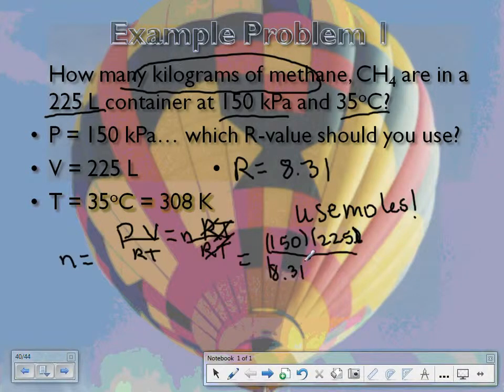In your calculator, you're going to divide again, or use parentheses around this whole thing when you multiply them together. Temperature has to be in kelvins, 308 kelvins. And then I'll make sure that we do the order of operations correctly.